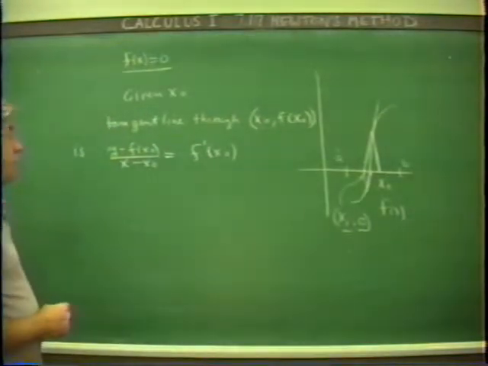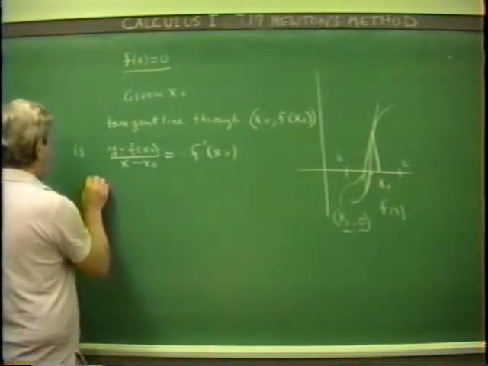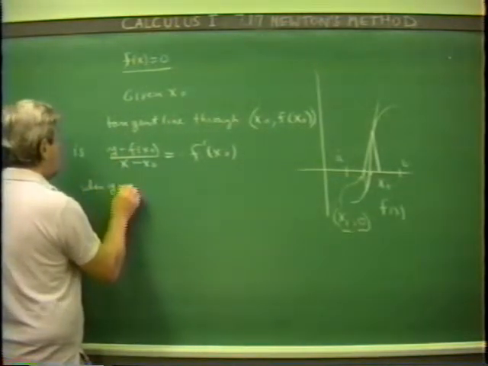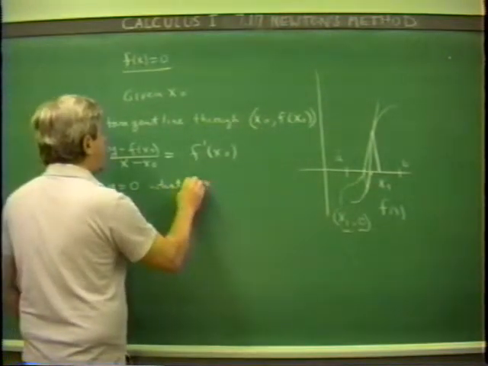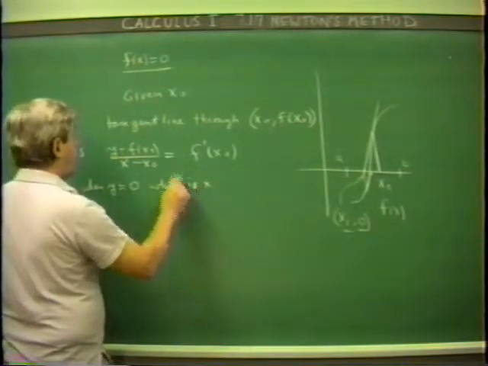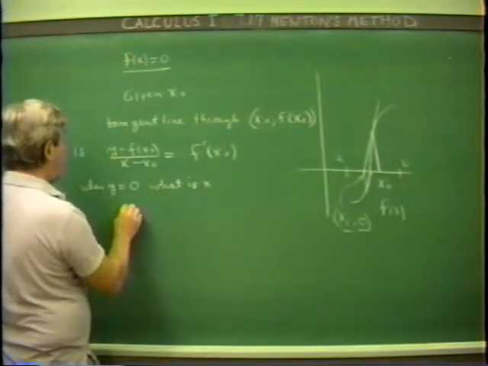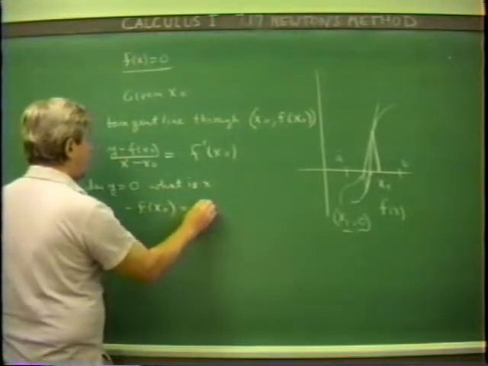All right. Now what we want to do is find out where that crosses the x-axis. That's to say, what's the solution to this when y equals 0? What is x? All right.